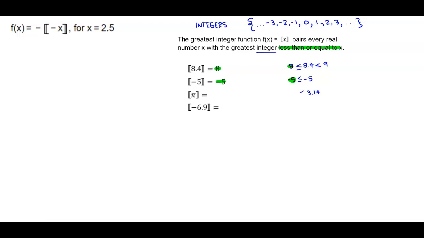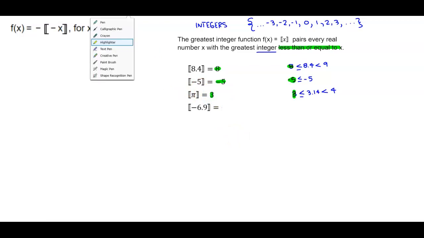It's in between 3 and 4. But remember, the one on the left is the one that's going to be less than or equal to that number. Therefore, the greatest integer of pi is going to be 3.